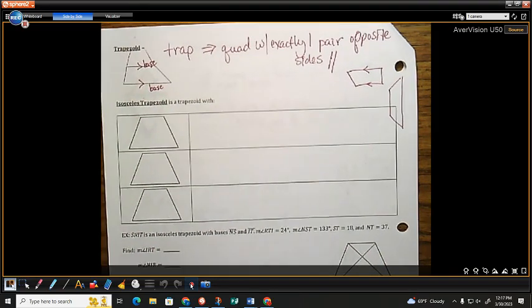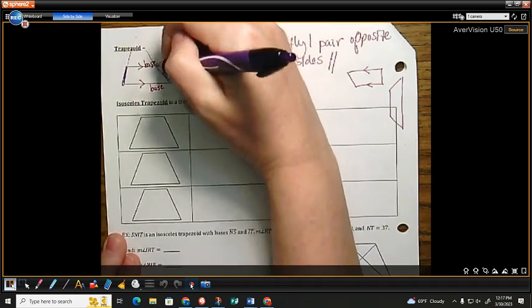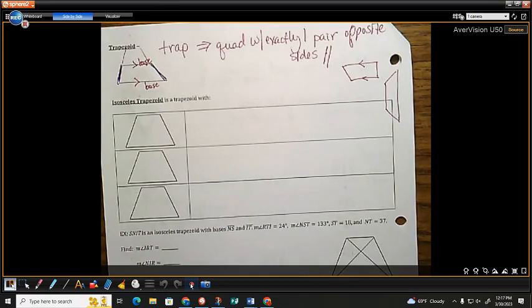So if 2 of the sides are parallel, what has to be true about the other 2? They are not parallel. These guys can never be parallel, because if both sets of sides were parallel, what would you have?